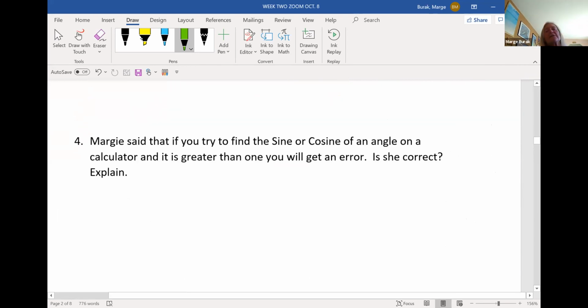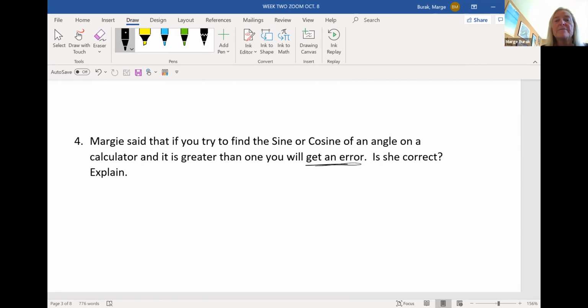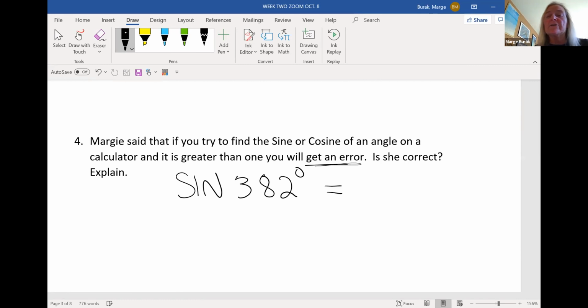Margie said that if you try to find sine or cosine of an angle on a calculator and it's greater than 1, you have an error. If you try to find the sine or cosine of an angle and it is greater than 1, it will say error. So for example, if you said the sine of 382 degrees, and the calculator gave you 1.5, she says that's ridiculous.